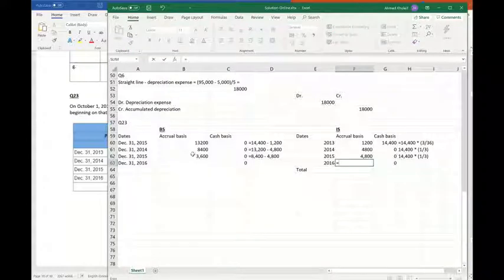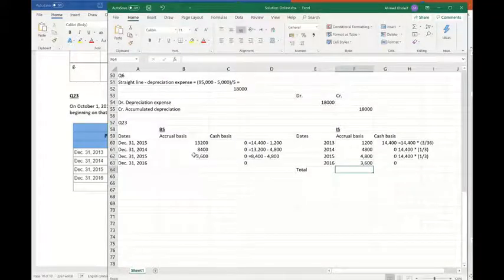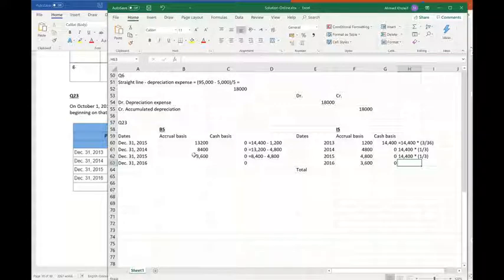Okay, so this is the full amount, and this full amount is mainly covering the remaining months here, which is 9 months. So if you work out this amount here, it is 14,400 times 9/36. Okay, so this will give us 3,600.